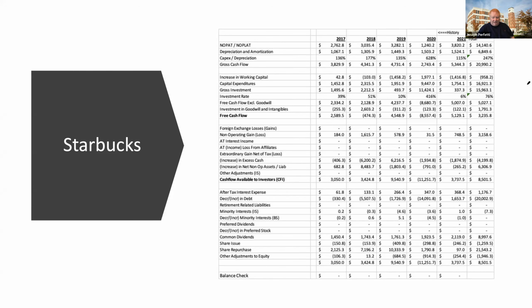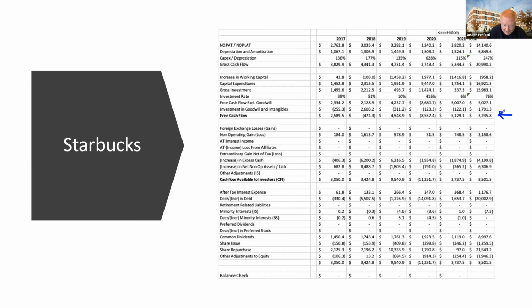Where you actually start in the CFI is specifically right here with free cash flow. How the free cash flow is represented will be telling as to how you do the analysis of the statement. So for example, if free cash flow is positive, so over the 5 years, it was $3,235.8 million, then your analysis is what did the company do with the cash?